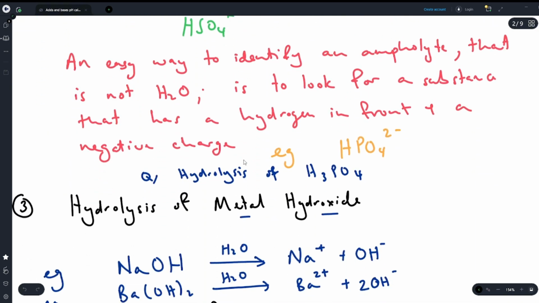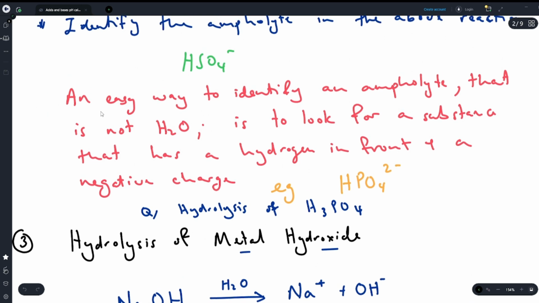If you want an easy way of identifying ampholytes other than water, look for a substance that has a hydrogen in front and a negative charge.